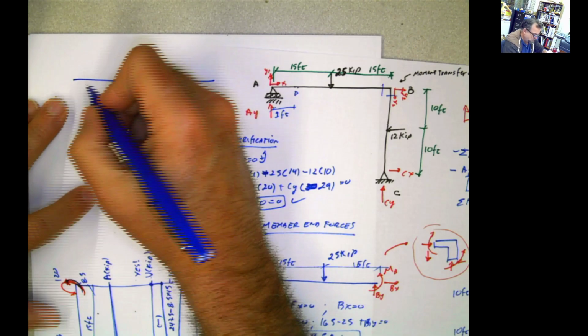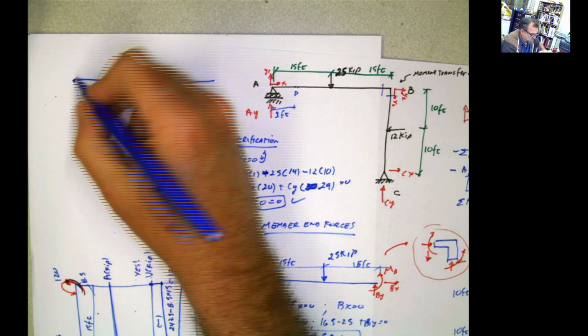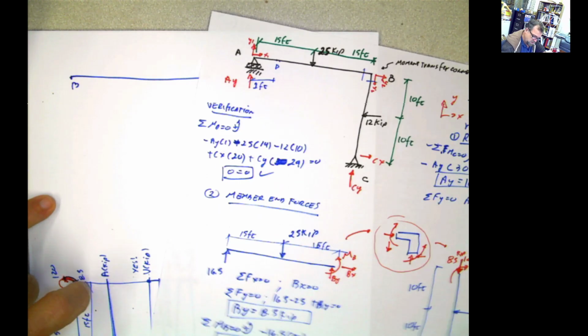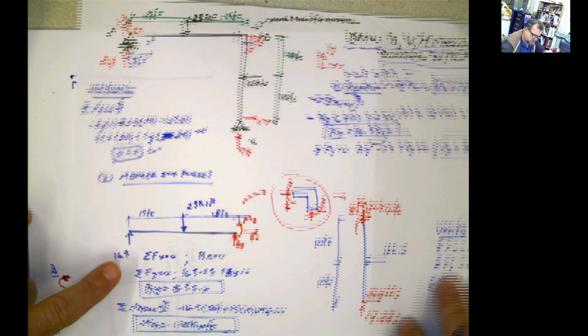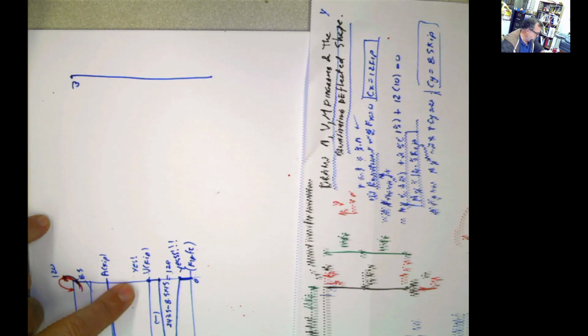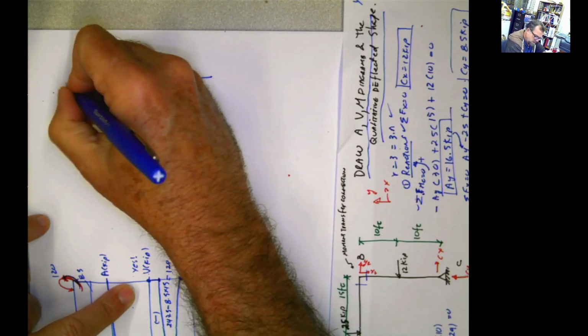Now, at this point here, which is the point B, you put the forces that you found, your end forces. What are your end forces? These are your end forces here, right there. You're going to put those forces over there. So you're going to put this one, which is 120.